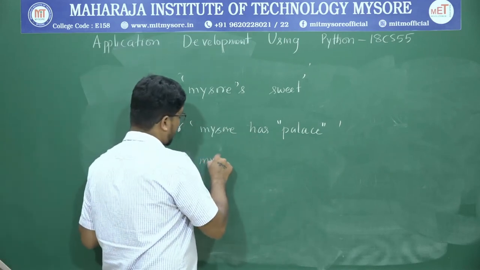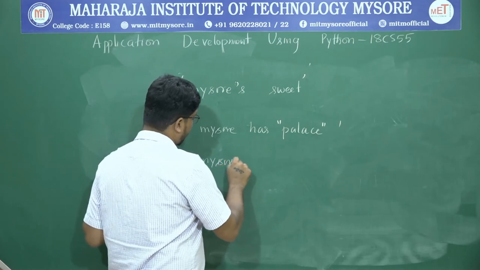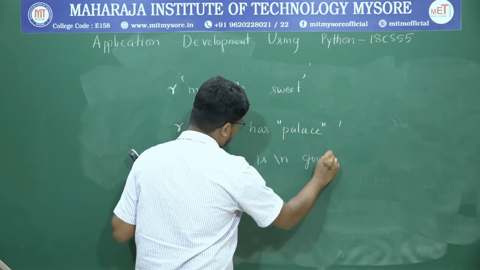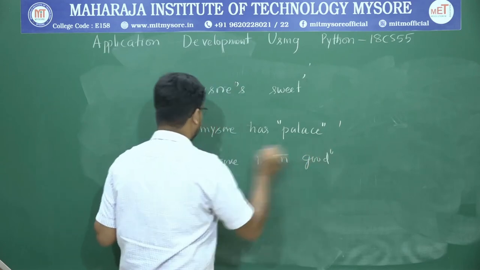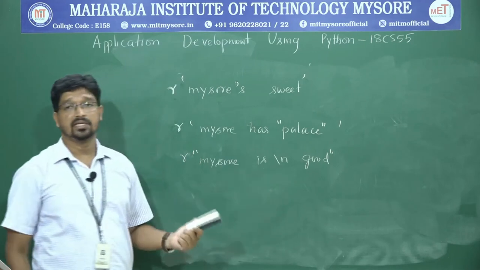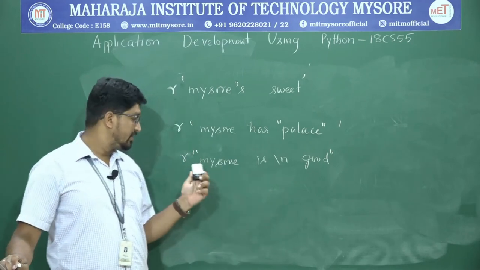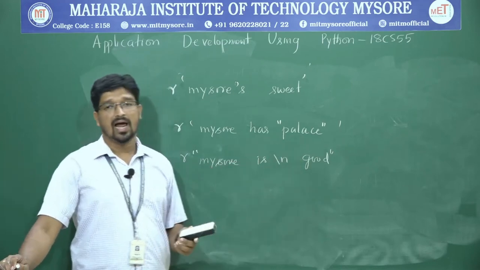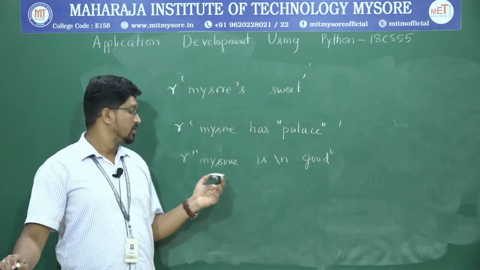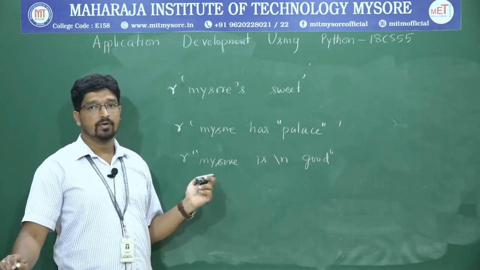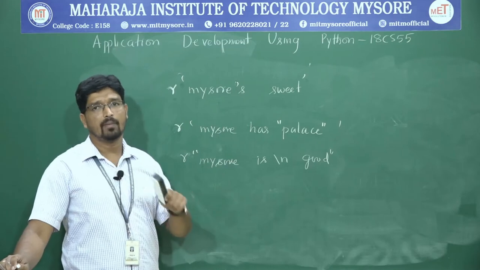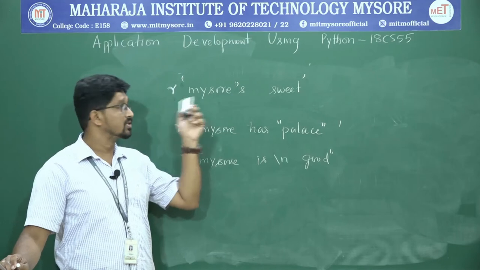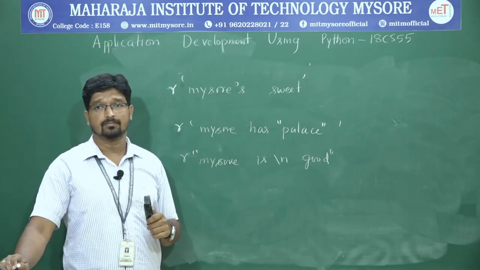If you write Mysore is \n good, and put a small r here, then \n is not treated as a newline character. The whole string is printed as it is. So this is the raw string concept. If you want to use a string without any formatting, simply put r in front of it, and the string is printed as it is.